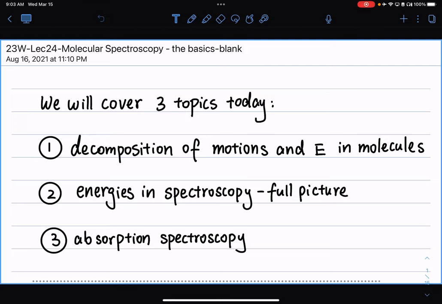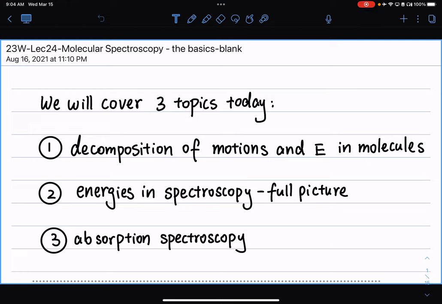Today, we'll be talking about 3 topics again. The first one is the decomposition of molecular motions, and how we describe energy in molecules. We talked about energy in atoms. We briefly mentioned energy in molecules when we talked about MO theory. But now the question becomes, how do we actually measure those energy levels using spectroscopy?